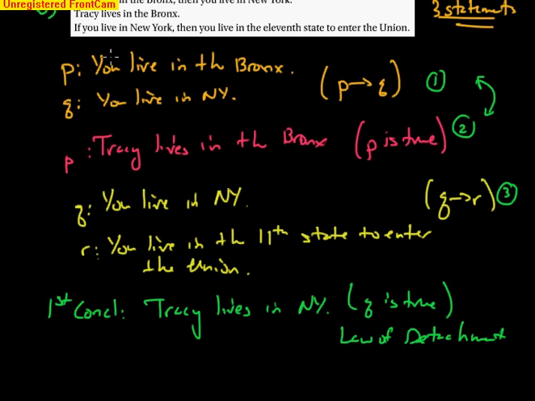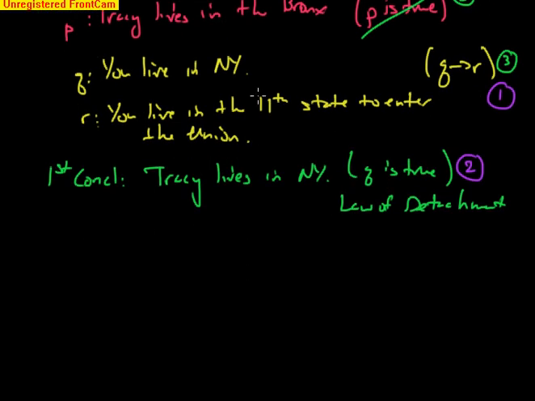And now I've used this already, so this is gone. And I've used this. Now I have 2 to work with. The 2 I have to work with are this one and this one. Those are my 2. Well, look again. It's a conditional, and Q is true. The hypothesis is true. So if Tracy lives in New York, then she lives in the 11th state in the Union.